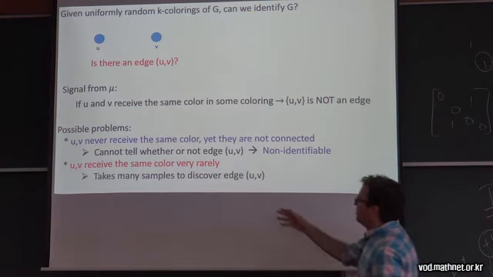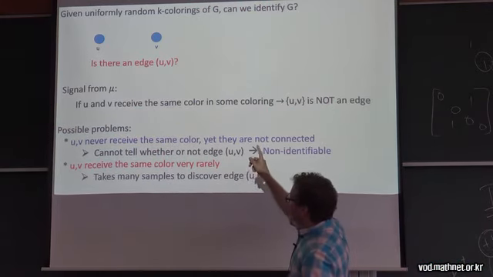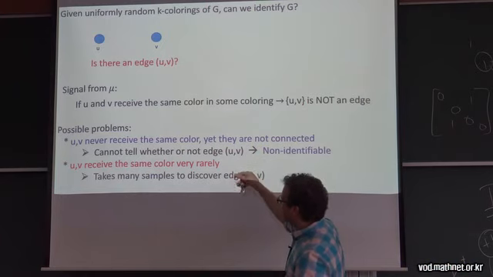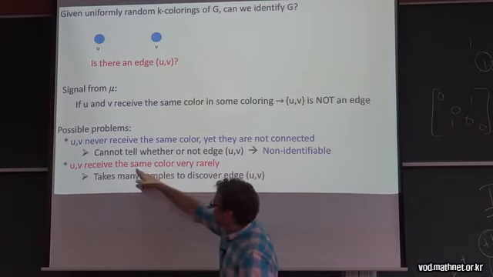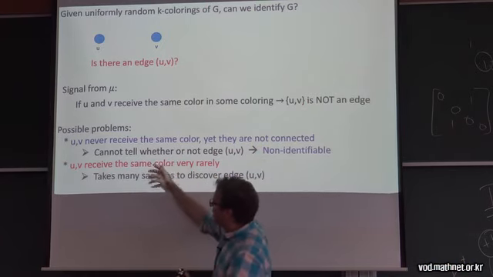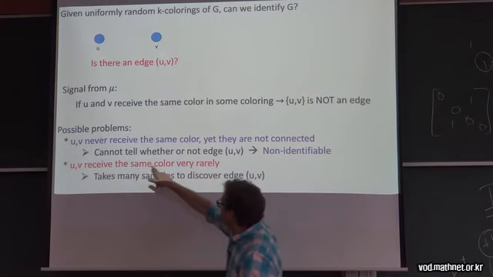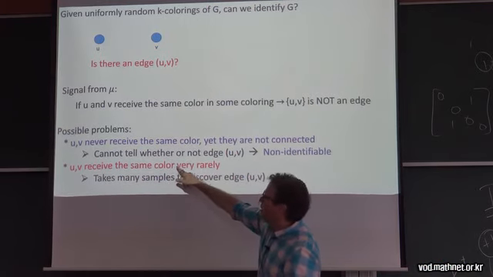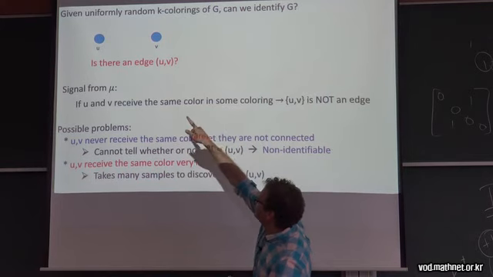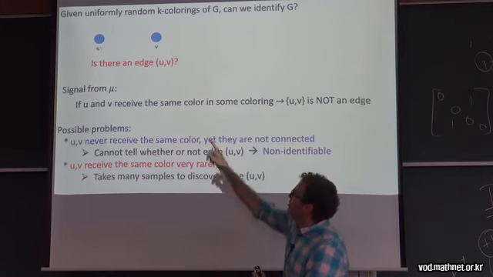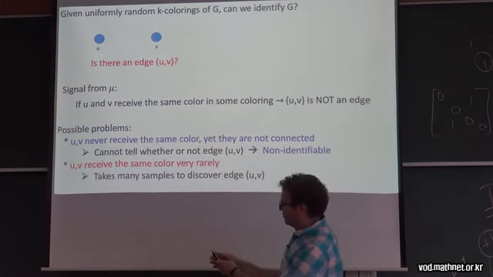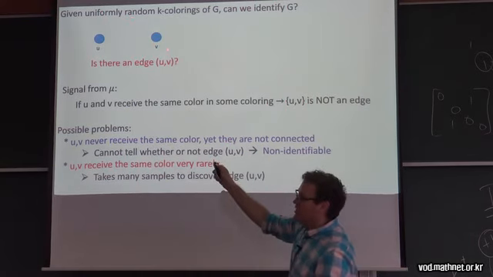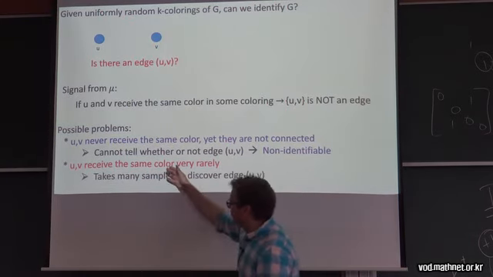Now, I'm in the setting where there exists at least one coloring where they receive the same color. So there is some evidence that there's no edge between this pair. Take a pair where there is no edge. Then there is a coloring which proves it.